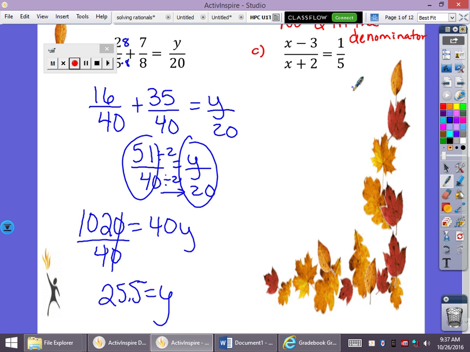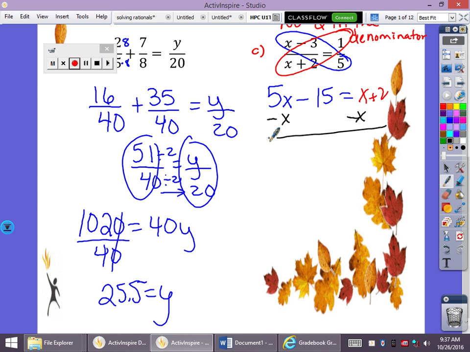I don't need to get a common denominator because it's a fraction equals a fraction, so I can simply cross multiply. Boom, I get 5x minus 15. And on the other side, I get x plus 2 because 1 times anything is just itself. I am going to subtract x from both sides. 4x minus 15 equals 2.